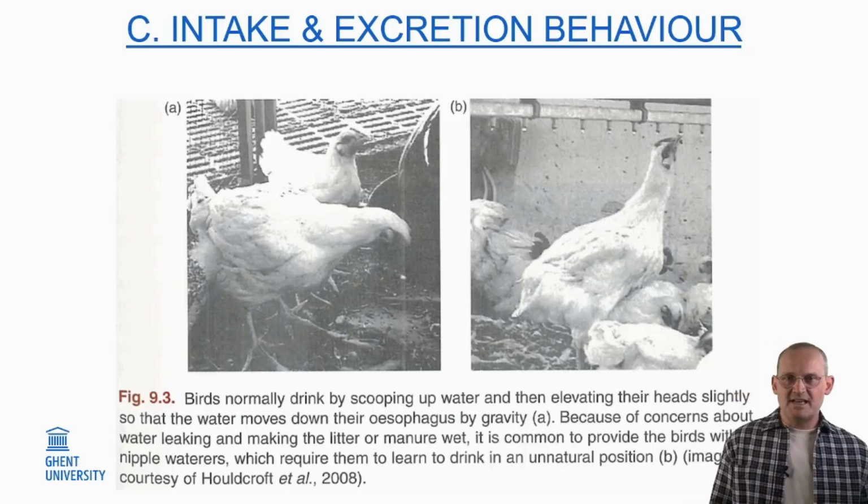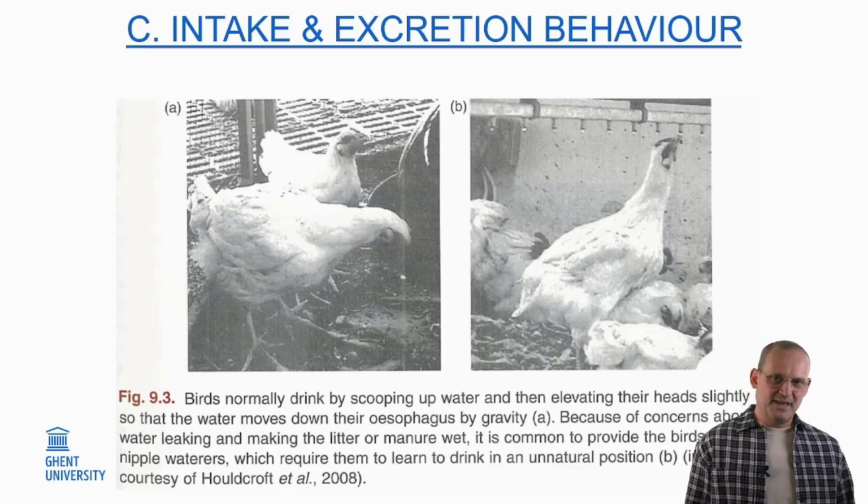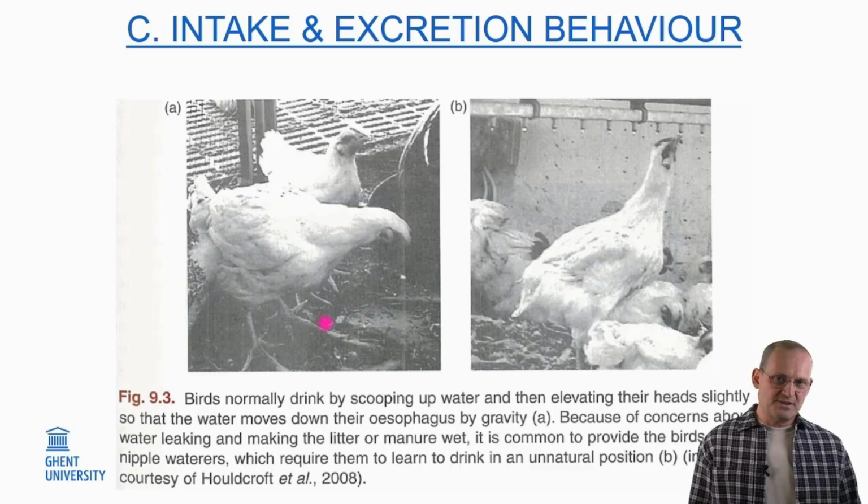Here you see on the left is kind of the more natural drinking behavior style from an open water source. This is disappearing from most of the livestock production systems in which poultry are being kept, and it is replaced by drinking nipples, which are becoming the dominant drinking system.